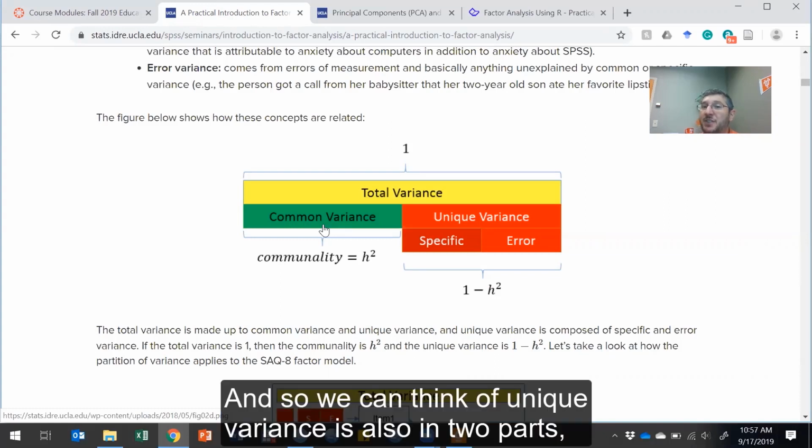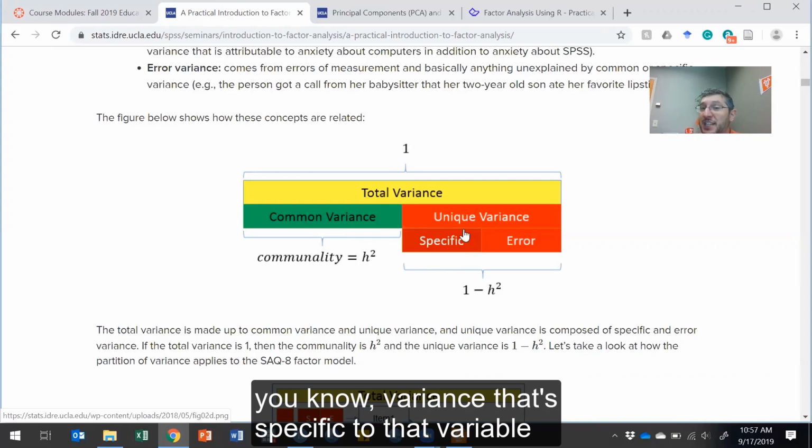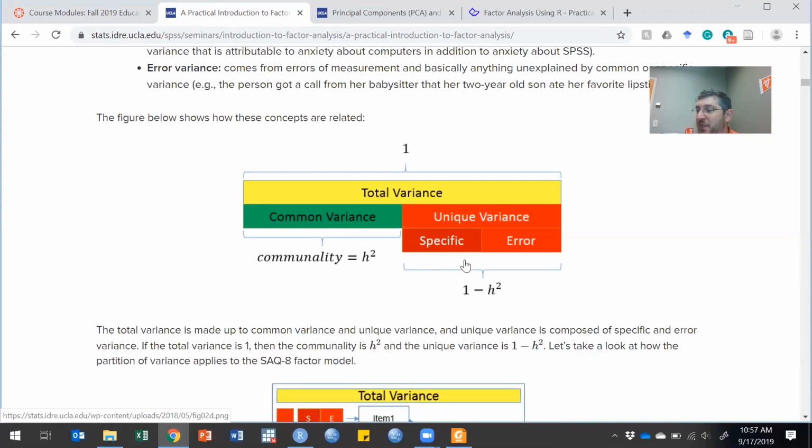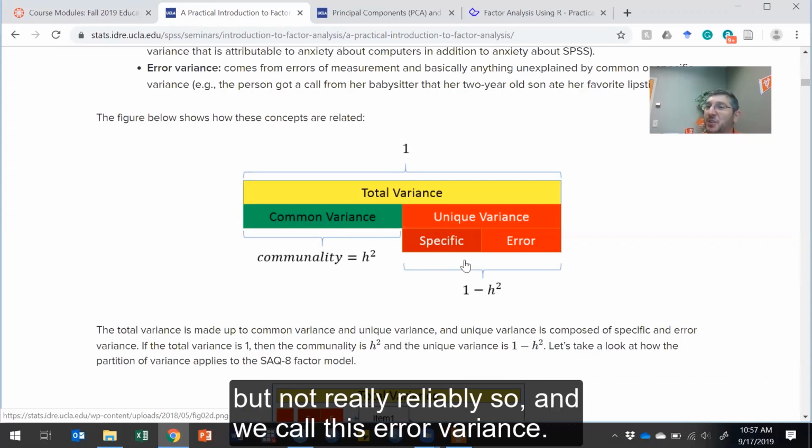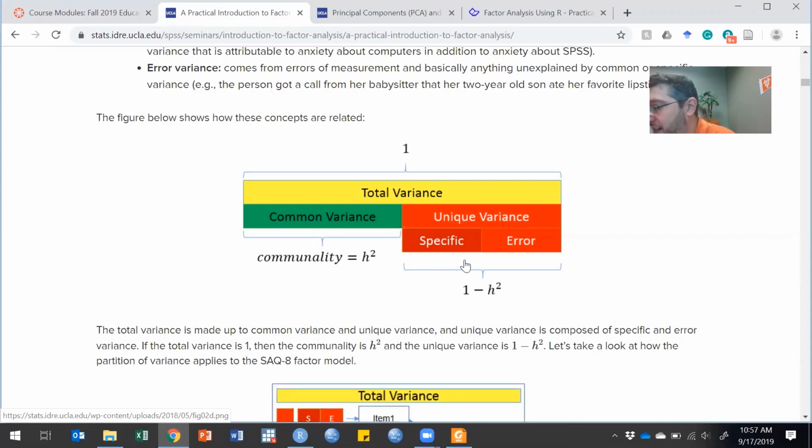We can think of unique variance as also being in two parts: variance that's specific to that variable, and variance that's specific to that variable but not really reliably so. And we call this error variance.